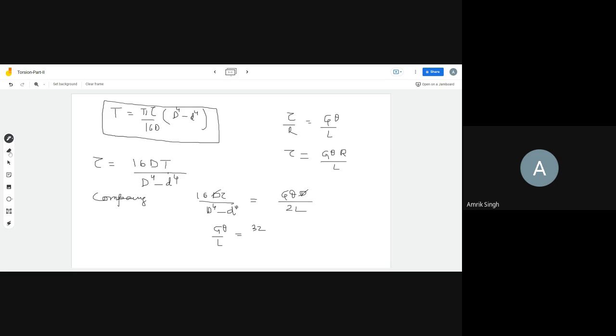Sorry, this will be T. We have written tau by mistake. So 32 times T divided by pi d to the power 4 minus d to the power 4.